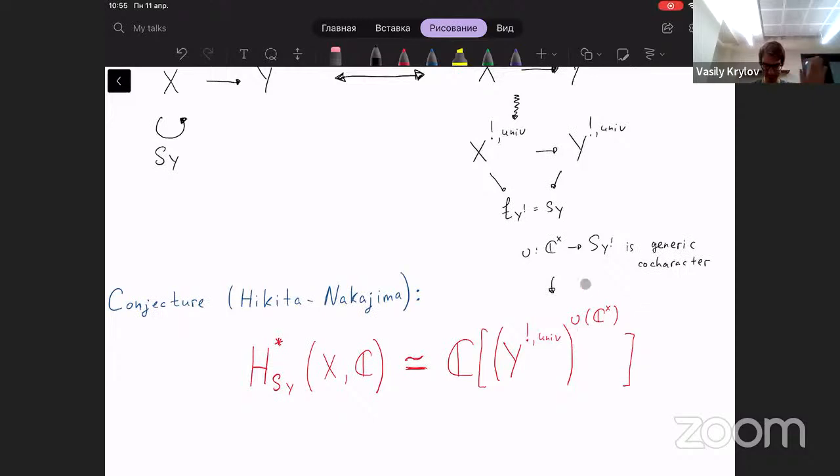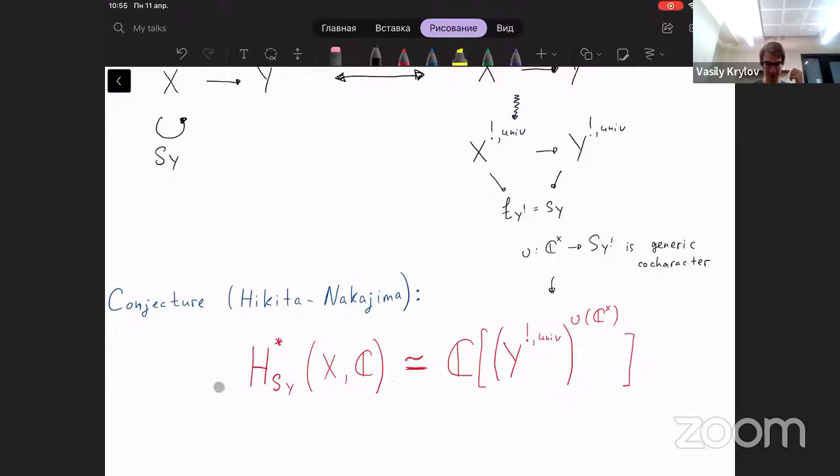Let me stop here for a minute just to look at this conjecture, because it's very unexpected, for me at least. On the left hand side, you have something purely topological.